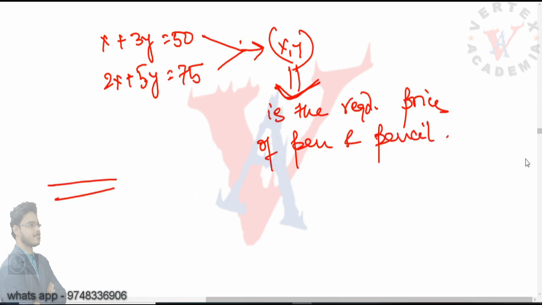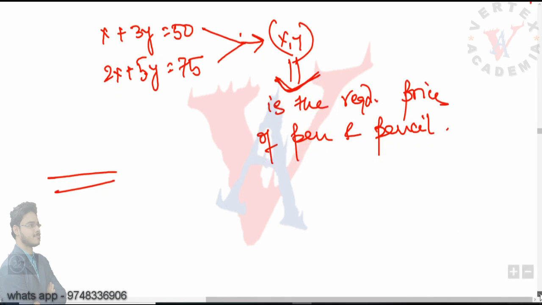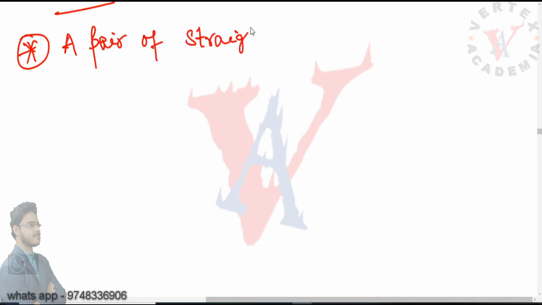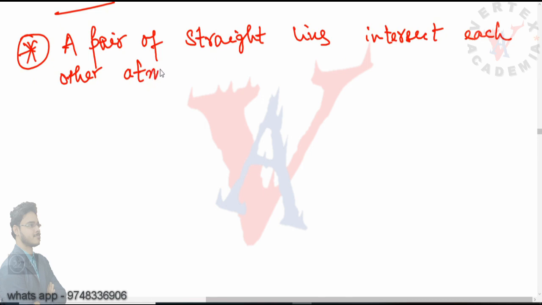So finally, to conclude, I will make two conclusions which are very important to you. The first one is, a pair of straight lines intersect each other at most at one point.